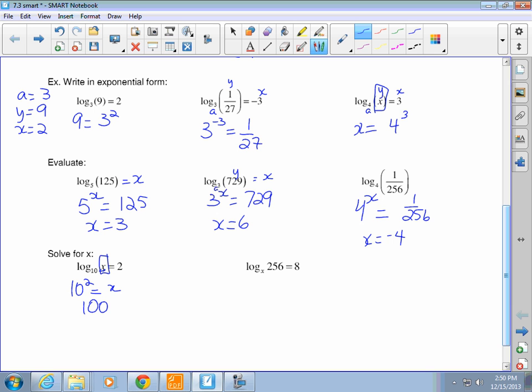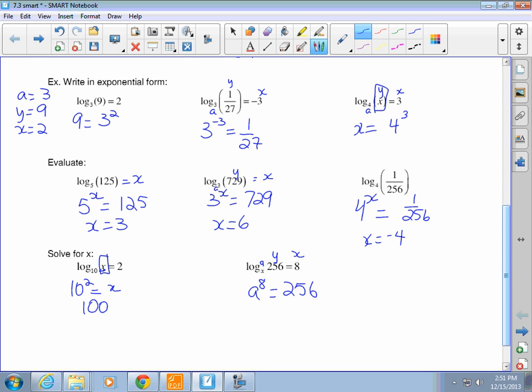This one is asking you what is the base. It's given you your y value. You don't know your base, and it's given you your exponent. So it's saying a to the power of 8 is equal to 256. So basically, what you're going to do, I put an a, but you could have an x there.